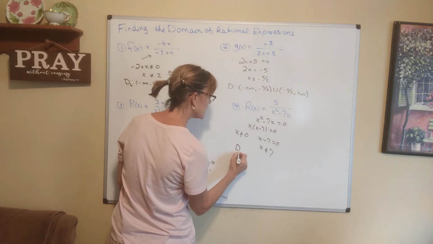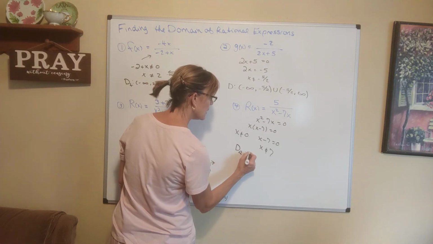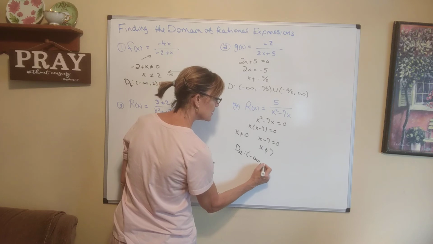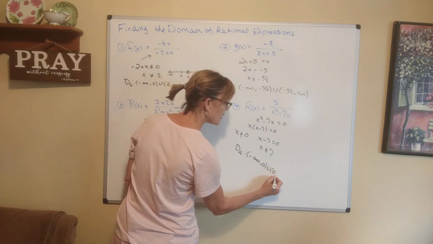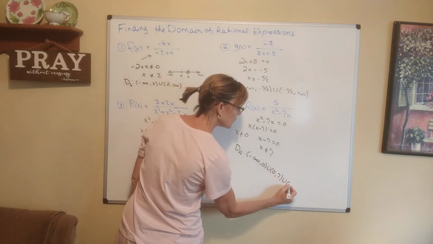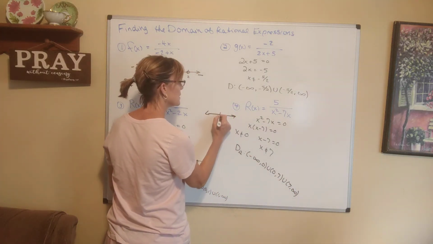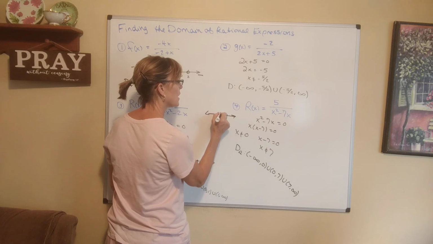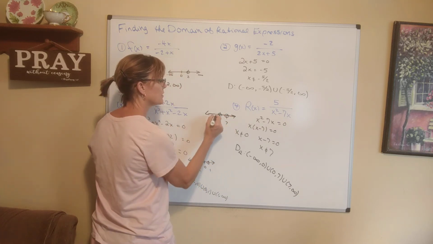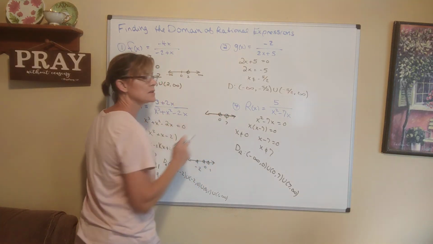So the domain of this r is from negative infinity to 0, union with 0 to 7, union with 7 to infinity. You could think of it, if you drew a number line, you just have to hop over those two values, but everything in between is just fine.